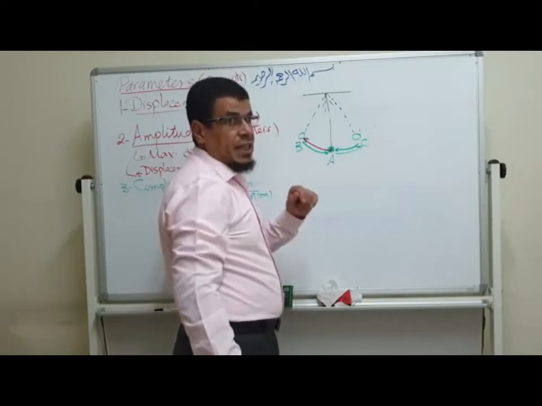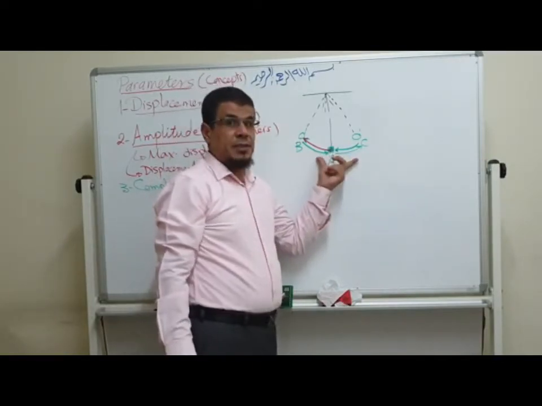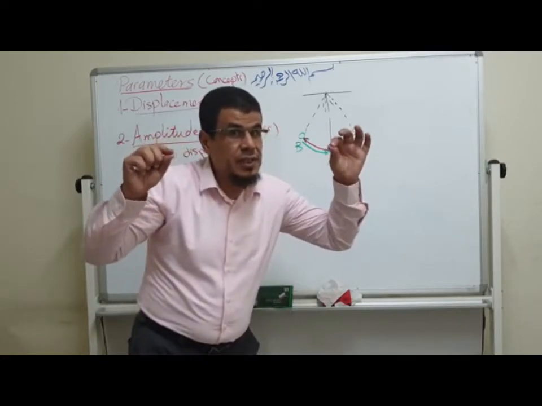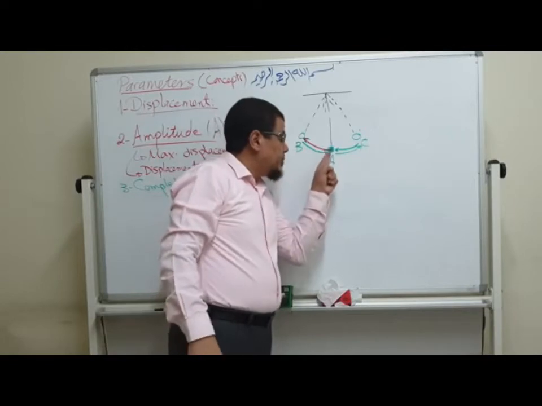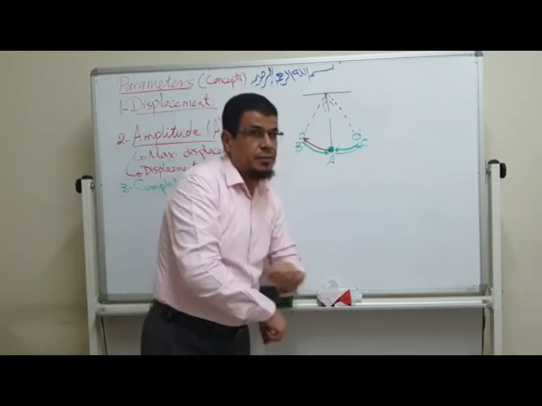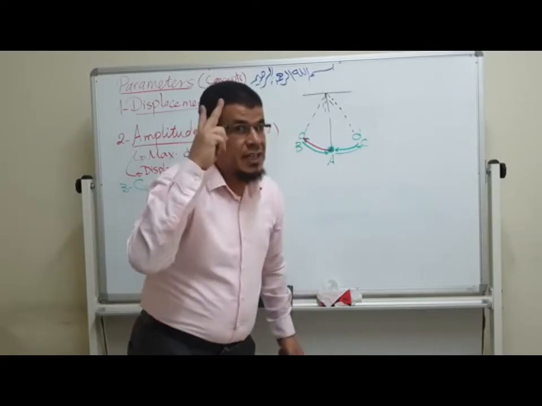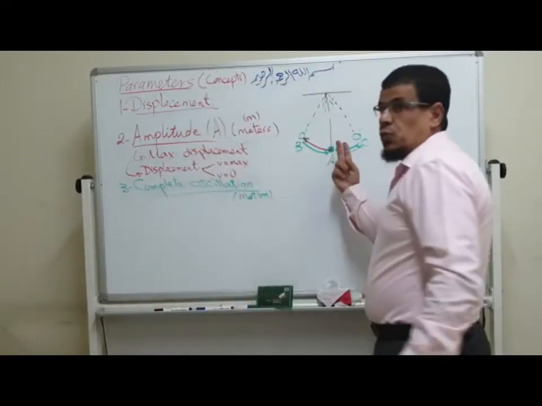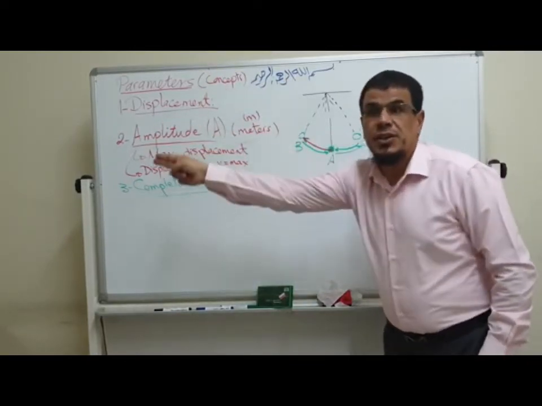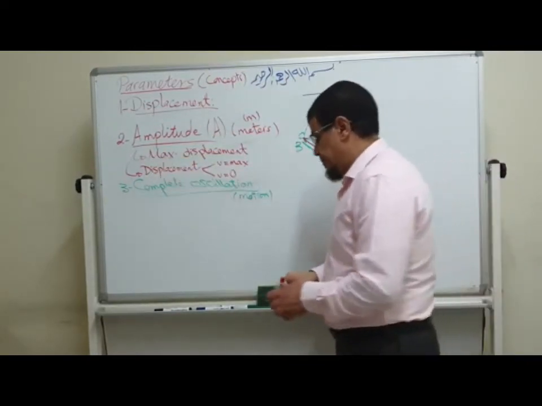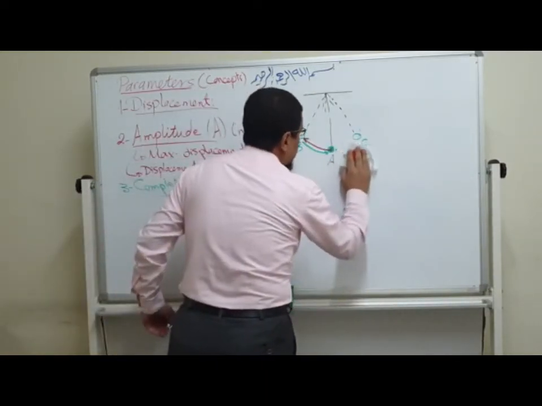So the complete oscillation is the motion of the vibrating object in the period of time between passing a certain point two successive times in the same direction. Okay. I will erase this.